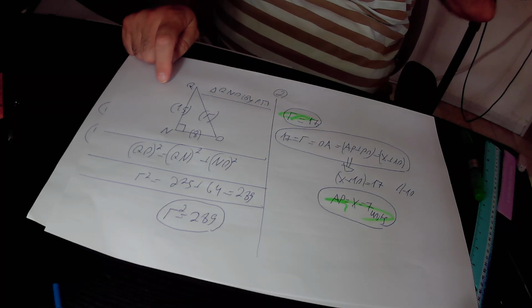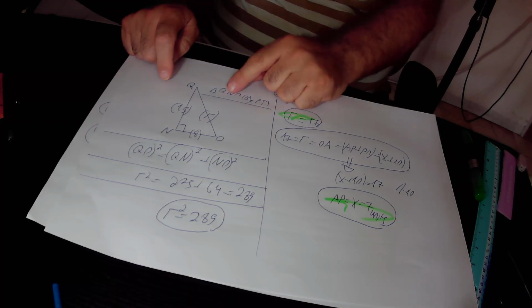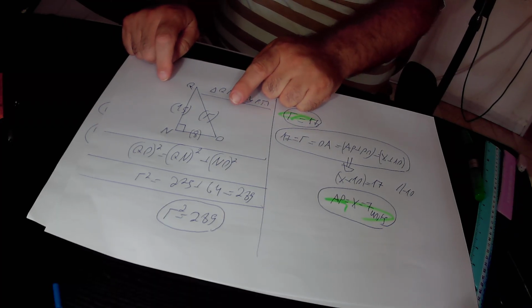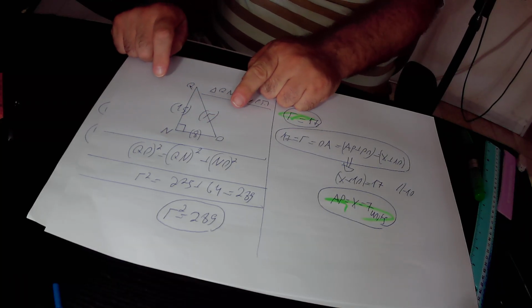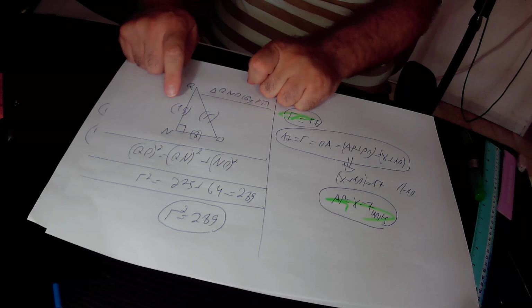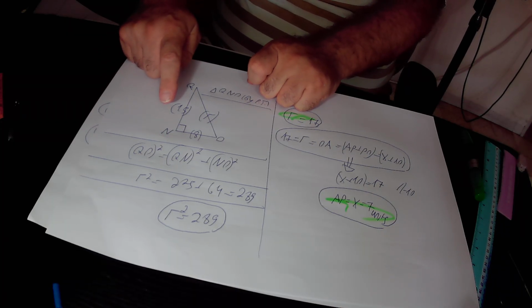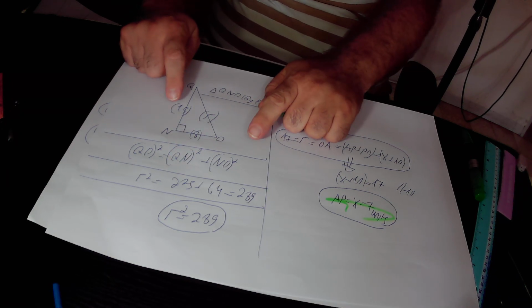In this right triangle QON, according to the Pythagoras theorem, QO squared, that is the square of the hypotenuse, equals QN squared plus NO squared. QO is R, therefore QO squared is R squared, and this equals QN squared. QN is 15, therefore QN squared is 15 squared, that is 225, plus ON squared. ON is 8, therefore ON squared is 8 squared, that is 64.